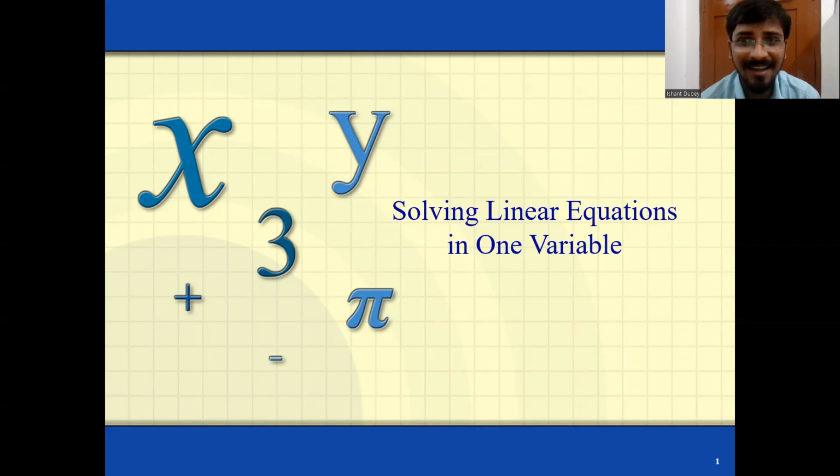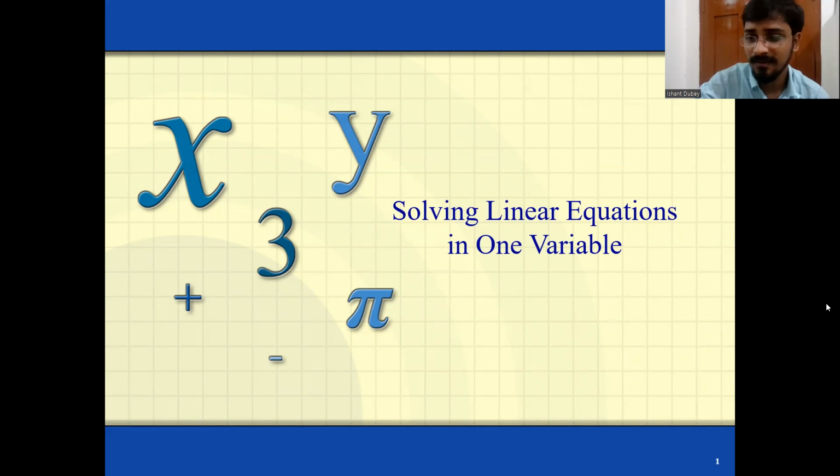Here you can see symbols like x, y, t, and pi, plus and minus. We'll be interacting with these symbols and operators as we go ahead while solving the problems. So let's move ahead.